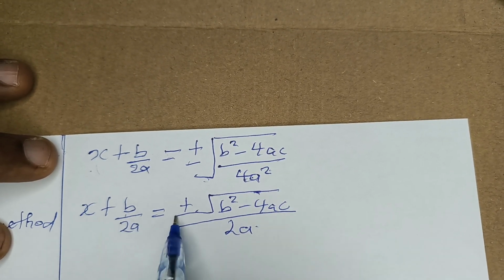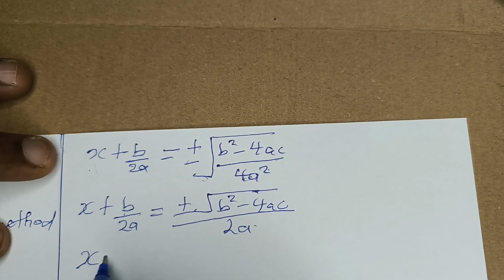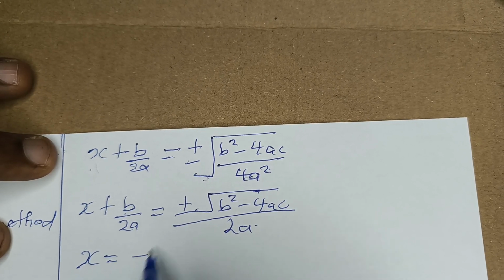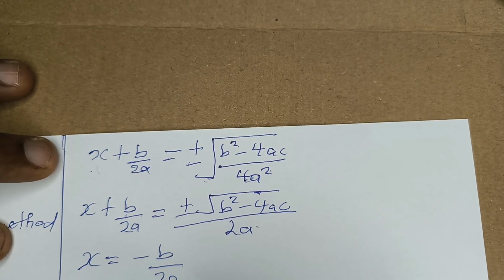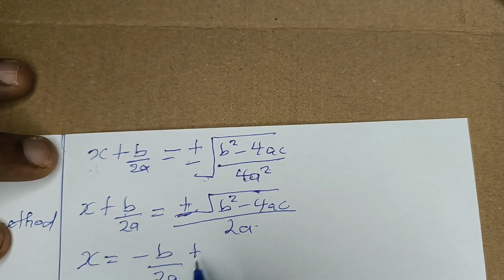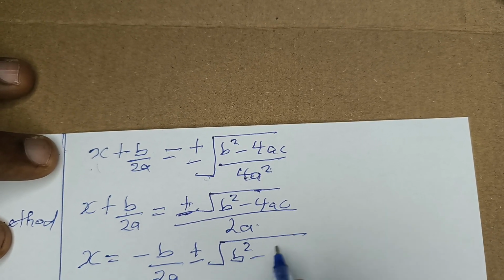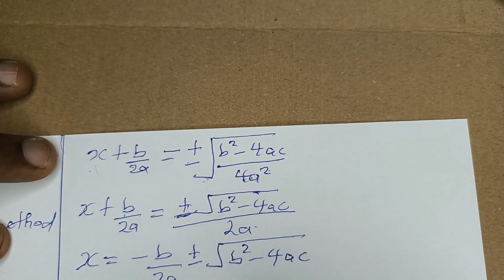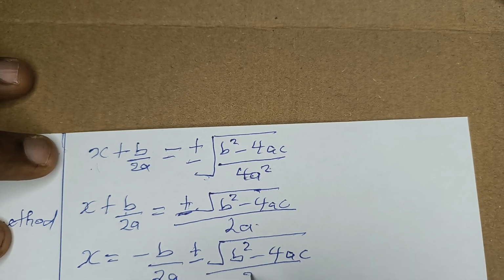Now let's move this over to this side. It means x is equal to minus b over 2a. We have plus or minus here, so plus or minus square root of b squared minus 4ac divided by 2a.